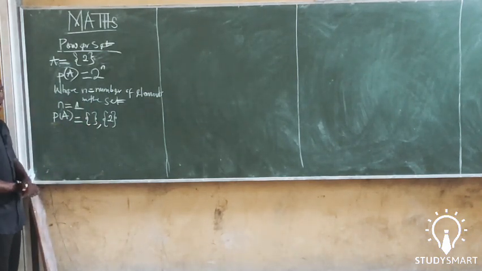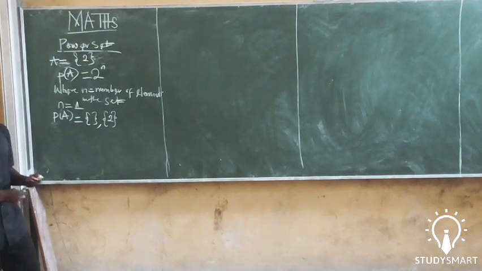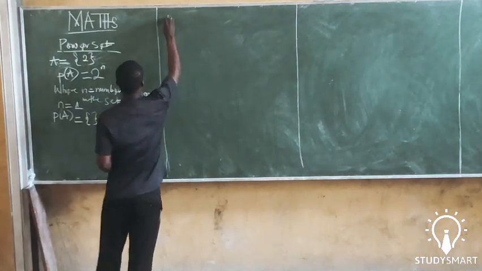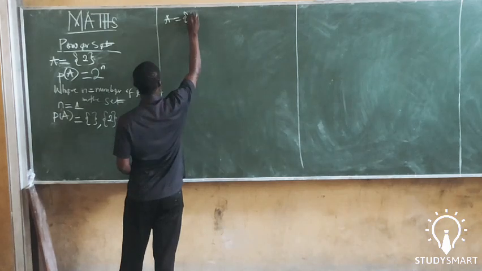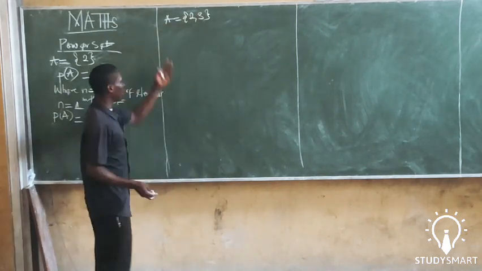There are some other ways of finding power sets, but there are some complex examples in power sets. Let's quickly take one. A equal to the set of 2 and 3.